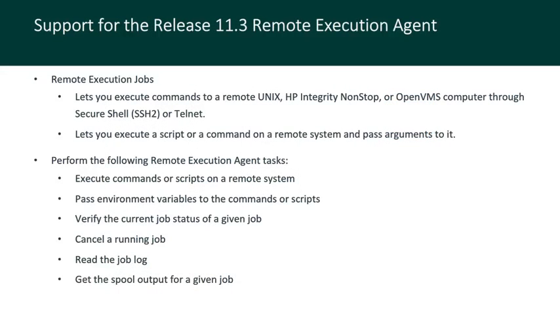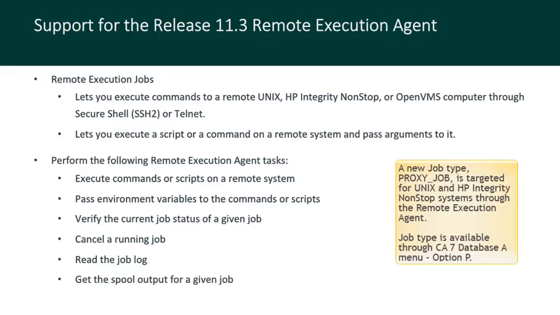CA 7 now supports the CA Workload Automation Agent for Remote Execution Release 11.3. Remote execution jobs let you execute commands to a remote Unix, HP Integrity NonStop, or OpenVMS computer through Secure Shell, SSH2, or Telnet. This new job type is named Proxy_Job.